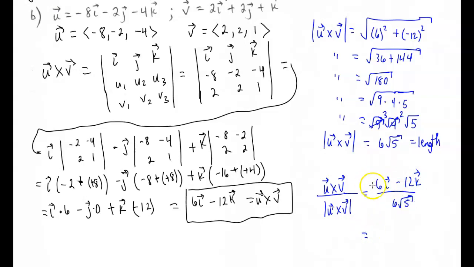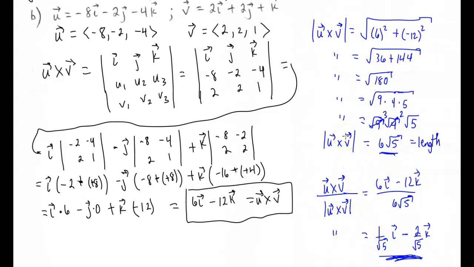And if we rewrite that, that is just going to be 1 over the square root of 5 in the i direction minus 2 over the square root of 5 in the k direction. And so this would be the direction of u cross v, and this would be the length of it.